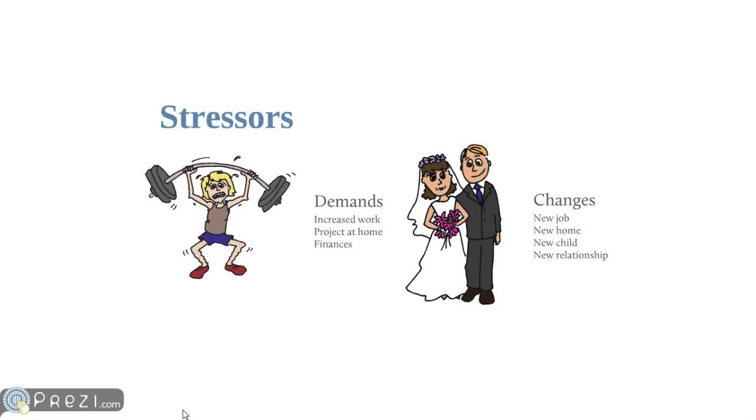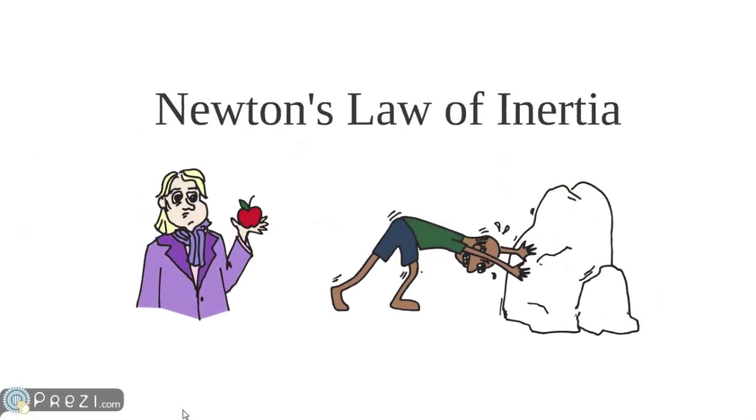The reason for that, we can go to Sir Isaac Newton's law of inertia. Sir Isaac Newton basically said in this law of inertia that objects at rest like to stay at rest. And in the same way, objects in motion, they like to stay in motion unless they're acted upon by some outside force.